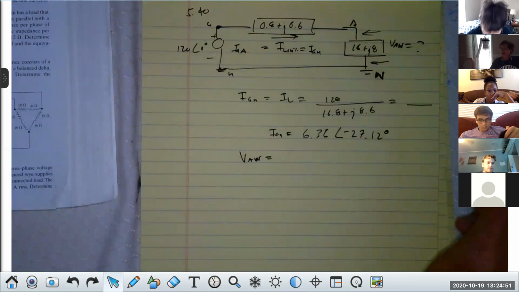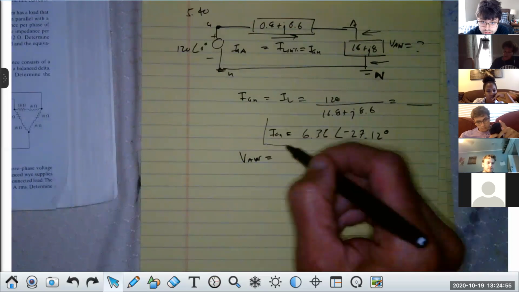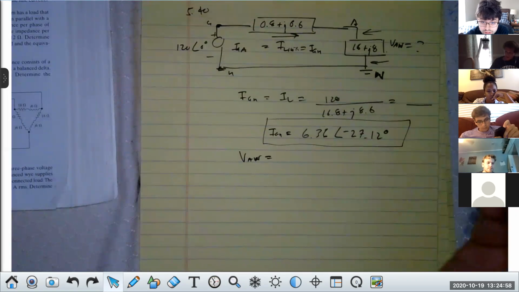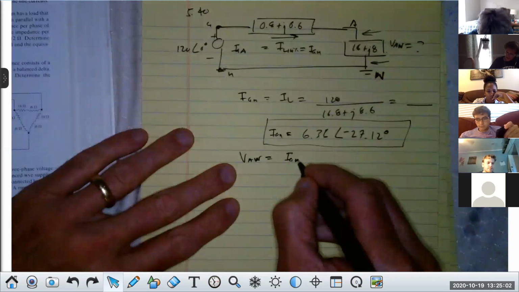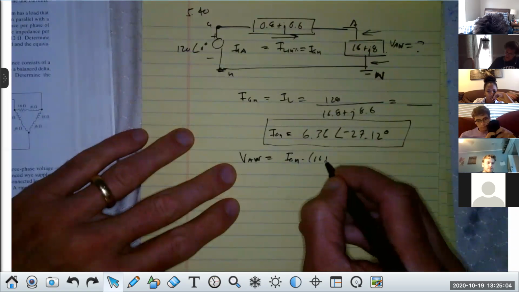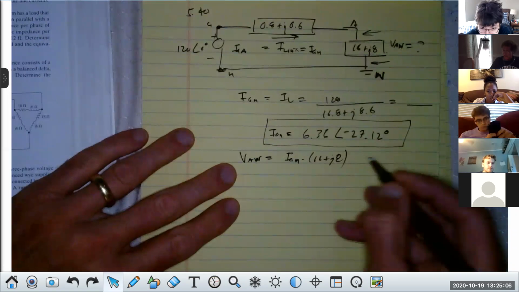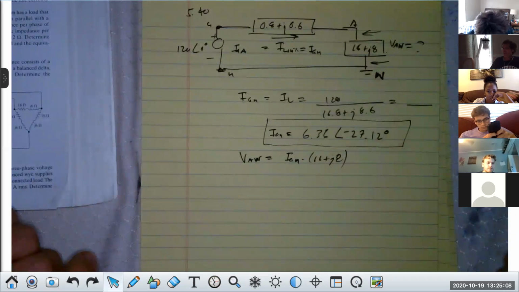The current that you just calculated times 16 plus J8. That'll do it. I can take this, I small a n, times 16 plus J8. That'll do it. Anybody else? That's absolutely correct. Another method would be what?